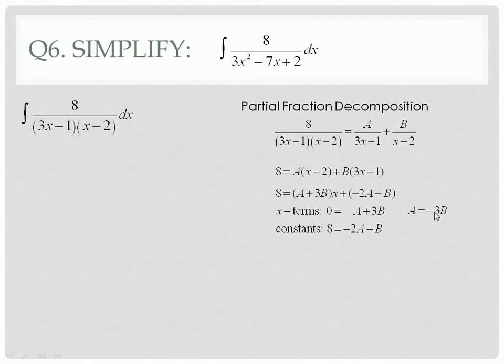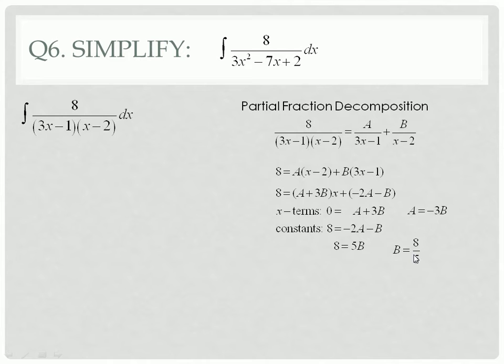And then if I substitute -3b in for a on the second equation, I'm going to get 8 equals -2 times -3b. That gives me a 6b minus 1b. 6b minus 1b is 5b. And 8 equals 5b tells me that b is equal to 8/5.